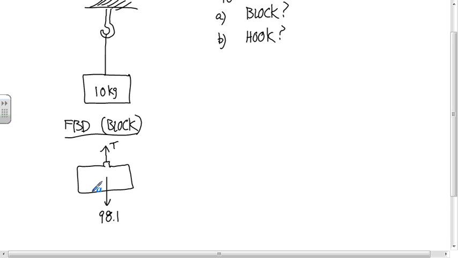Nothing else is touching around the boundary, so this is a complete free body diagram. Any questions about this?